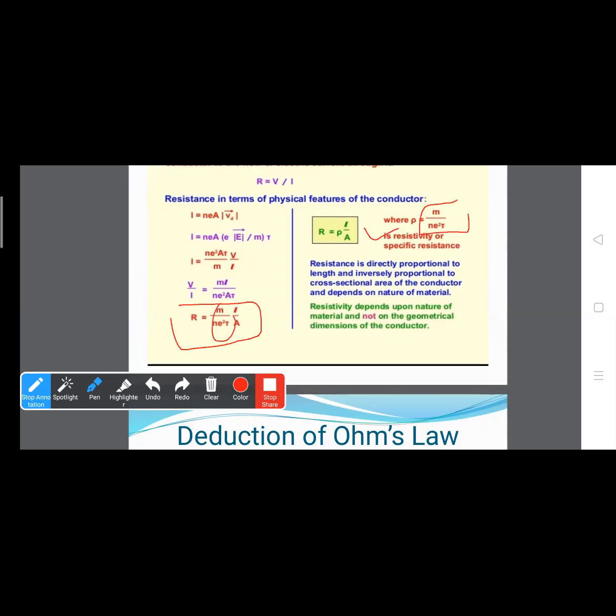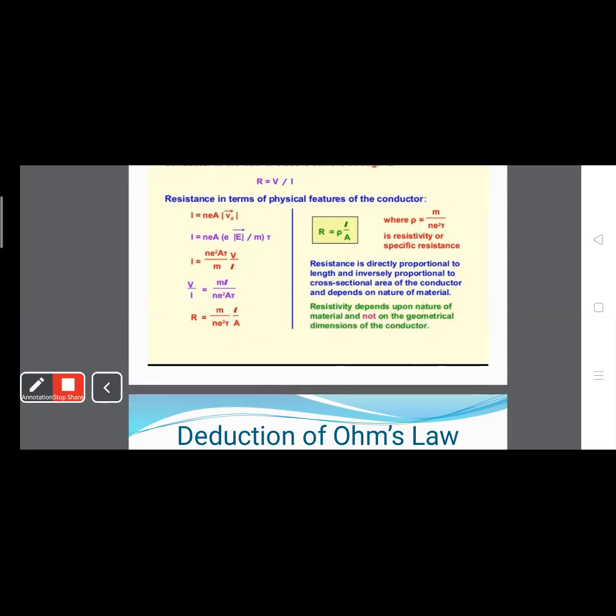So we can write this equation as R equal to rho L upon A. From this equation, you will get that resistance is directly proportional to length, and R is inversely proportional to area. Clear?